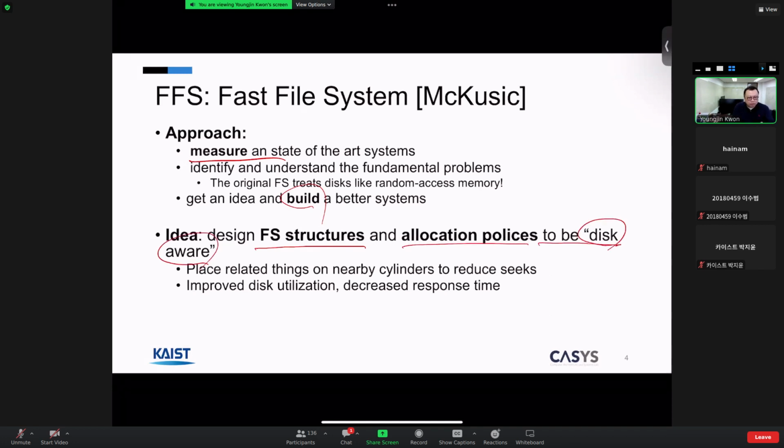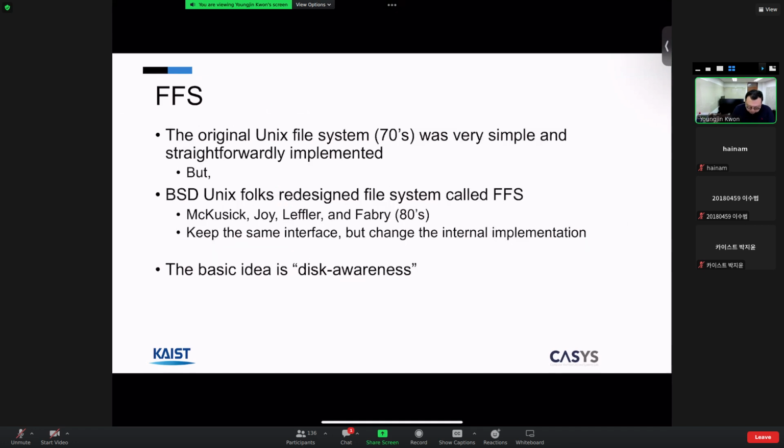When you design a file system, let's consider device-specific characteristics to provide better performance. The folks, three groups of file systems, invented the BSD fast file system and implemented it in BSD.